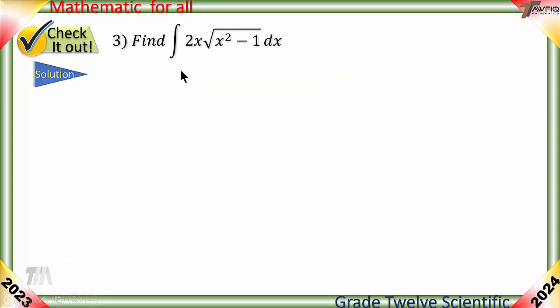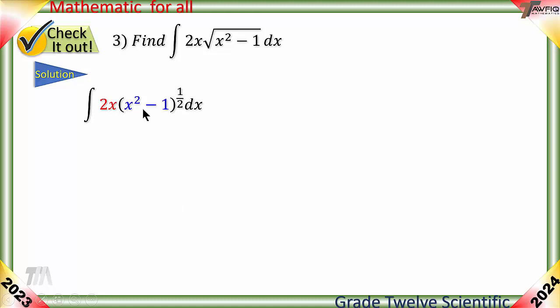Number 3. Find the integration of 2x times the square root of x squared minus 1. First of all, convert the square root to a power. It becomes 2x (x squared minus 1) with the power 1 over 2 dx.